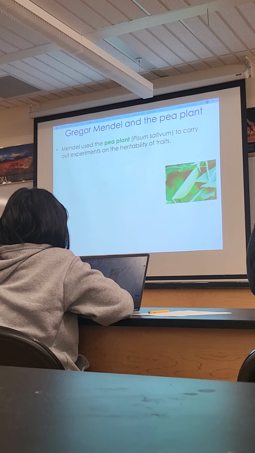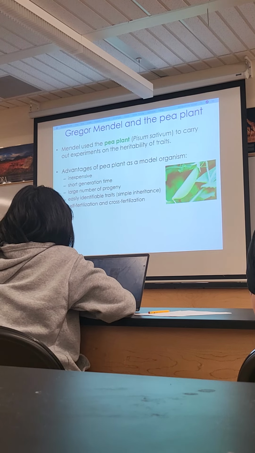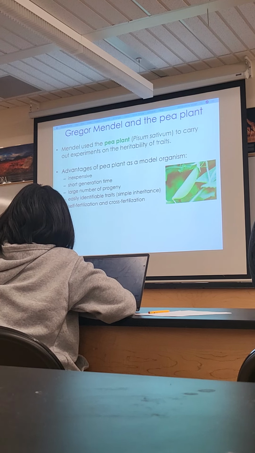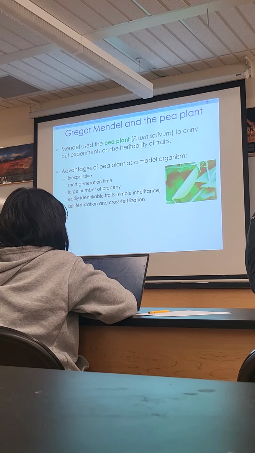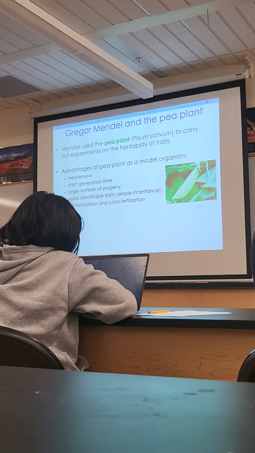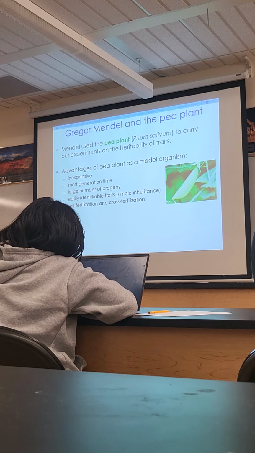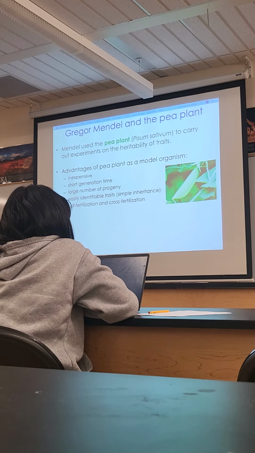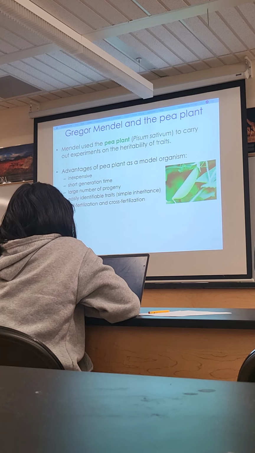All right, I think we hit on most of these. The only one that wasn't mentioned was large number of progeny, right? So with pea plants, all of those pea seeds are progeny, so that gives you large numbers. So why is it important to have large numbers with genetics? When you're trying to figure out how something is inherited, why is that useful?